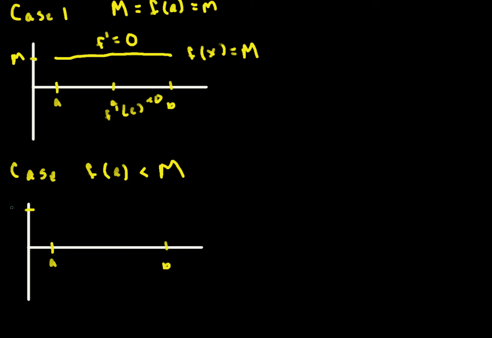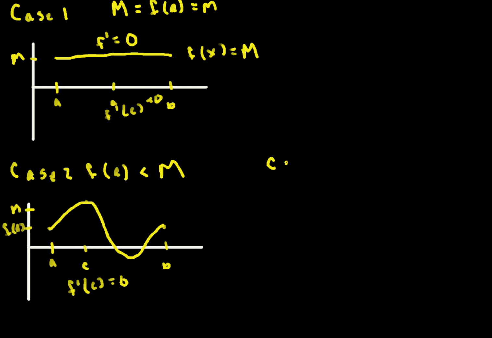Say here's our max, here's where f of a is, and remember f of a and f of b are equal, so they're here. The max is up here somewhere. If it's continuous, then it's going to have to go up to the max, and what goes up must come back down to get to b. And so at that point where it turned around, f prime of c is 0. So that was case 2.